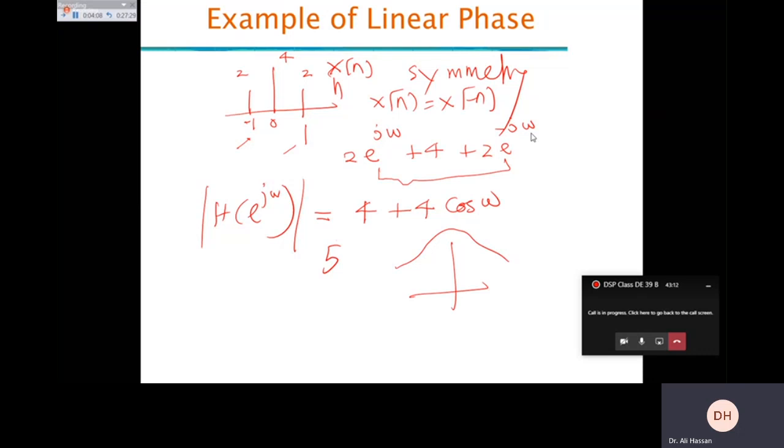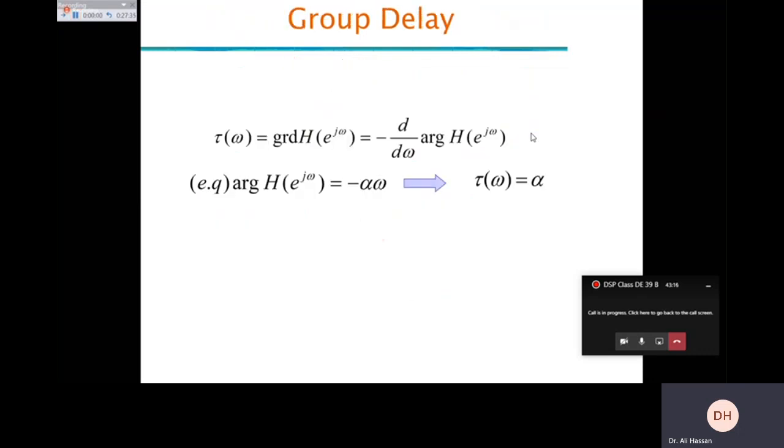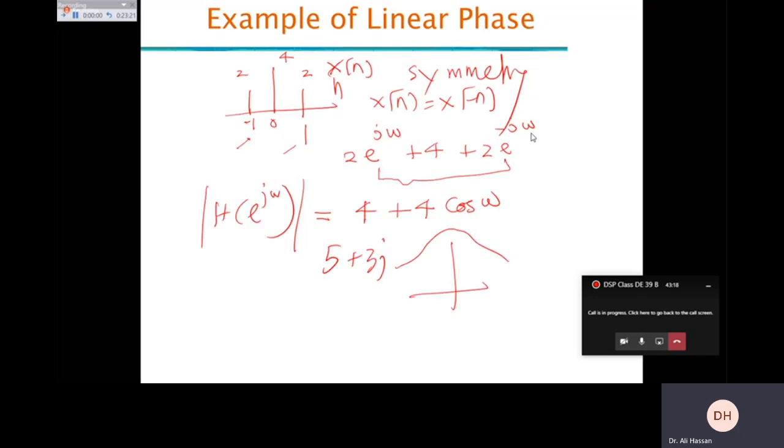In order to find the phase of a complex number, you need to take tangent inverse of imaginary over real. The imaginary is 0, divided by 5 is 0, and tangent inverse of 0 is 0. So there is no phase in it.